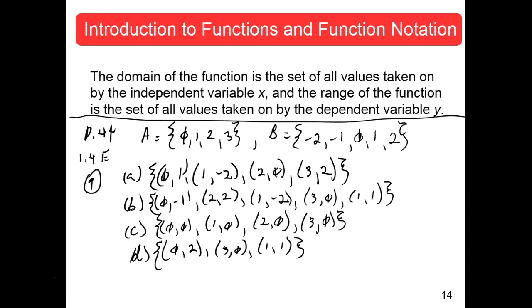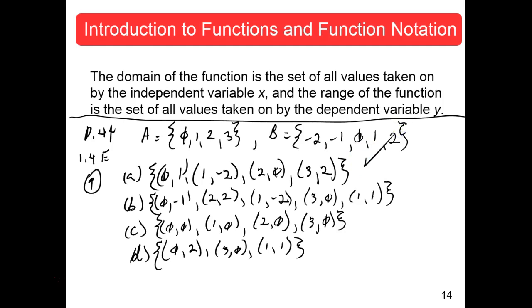How about the second? 1 is in A, -2 is in B. That fits. How about (2, 0)? Yep, that fits too. And how about (3, 2)? Yes. So this definitely represents a function from A to B.